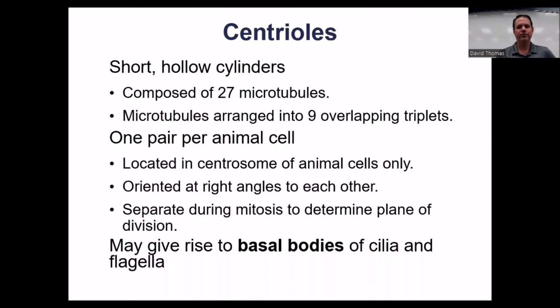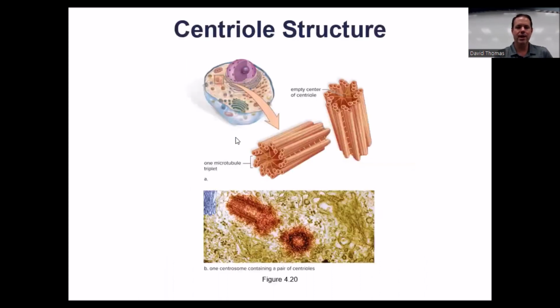An example where you're going to see microtubules would be centrioles. They're made up of 27 microtubules all joined together, and they have an interesting structure. When you look at the diagram here, you see little triplets that bind together, so they're in triplets of 3, and then there will be 9 of these arranged around.